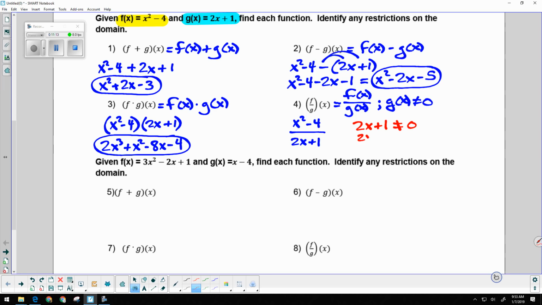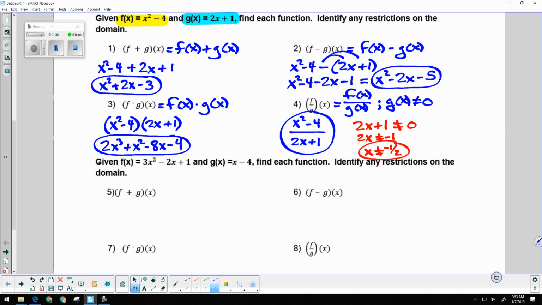Subtract 1, divide by 2, x does not equal negative 1/2. So there's really 2 parts to this. The domain restriction, x cannot be equal to negative 1/2, and then also what f of x divided by g of x is. And that's the answer to number 4.